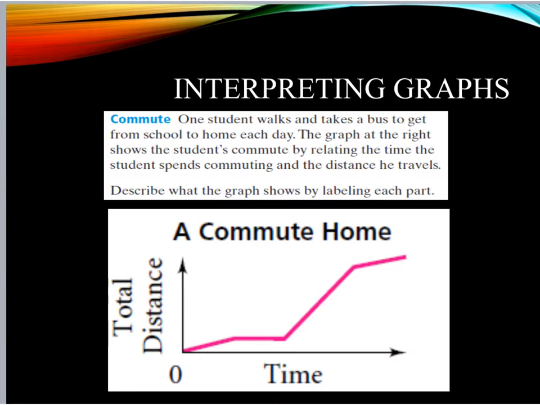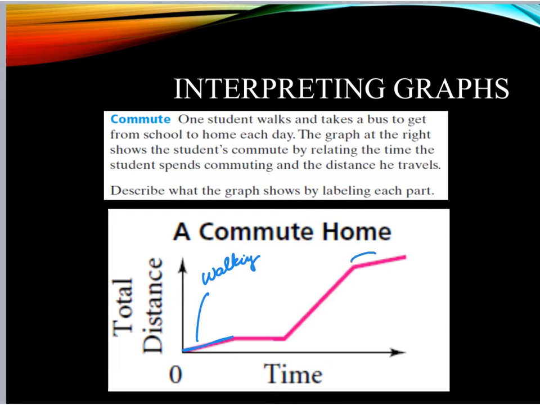So, based on what I know, this nice long, not very steep slope is probably going to indicate that the person is walking because it's taking them a little bit longer. The distance is slowly increasing, so this would be walking.